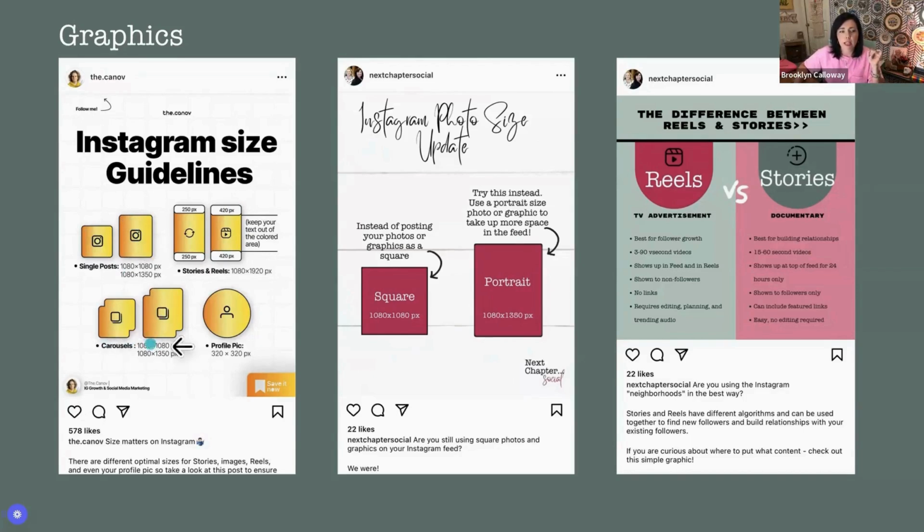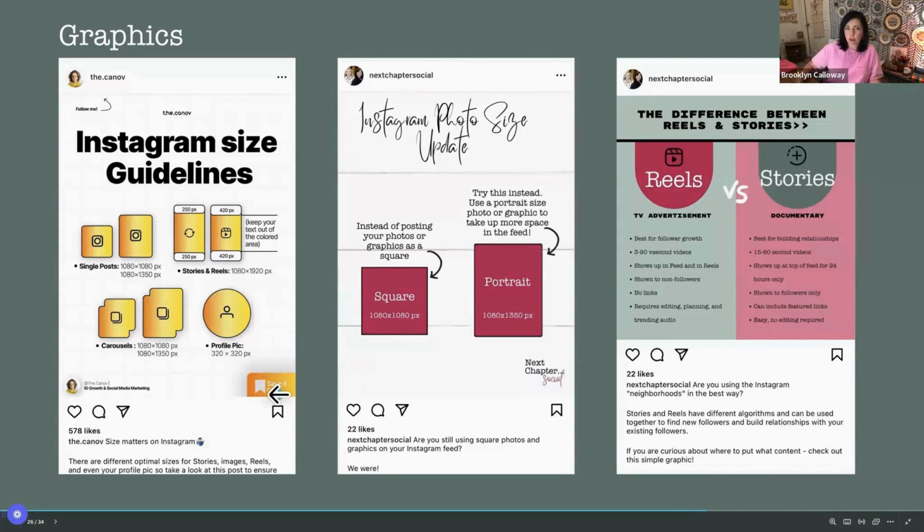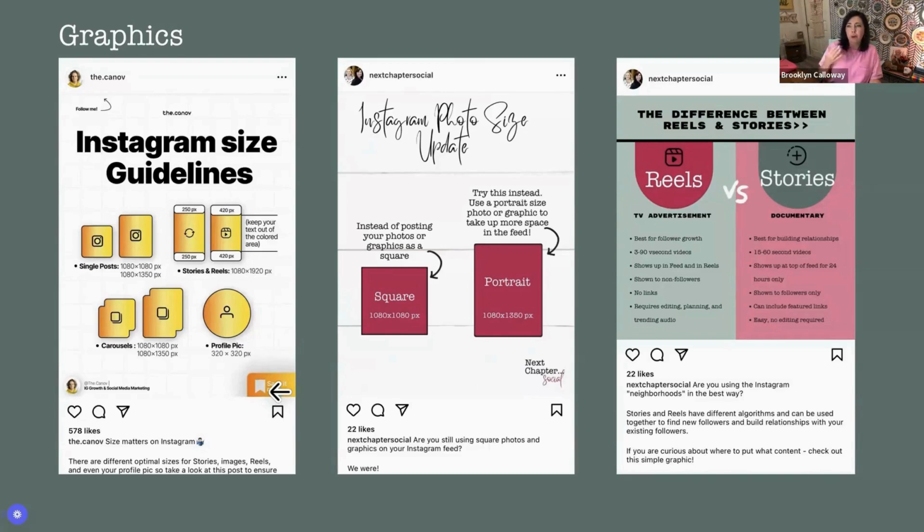Carousel posts and profile pic. So it's very informative. It's just telling you the sizes. Screenshot that. You'd probably save it to your saved posts. It even says save it now so that you can go back and reference that and know what to make on Canva, what size to use.